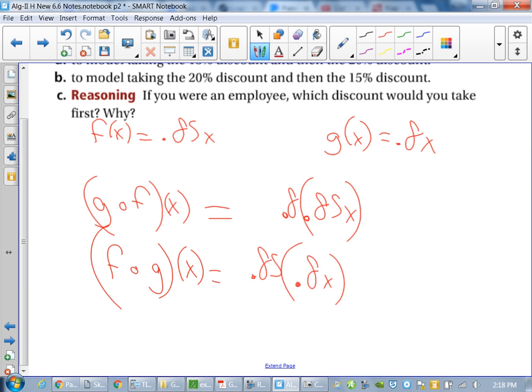So what is that? How much percentage off is that if you're getting 0.68? 32. So it's not necessarily a straight 35% off. It's more like 32 because you're multiplying your percentages together. Does that make sense? Yes, ma'am.